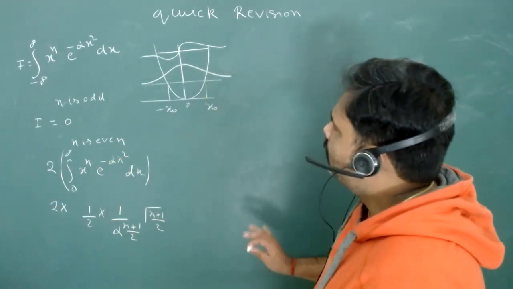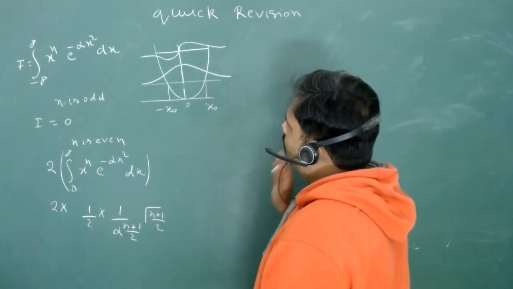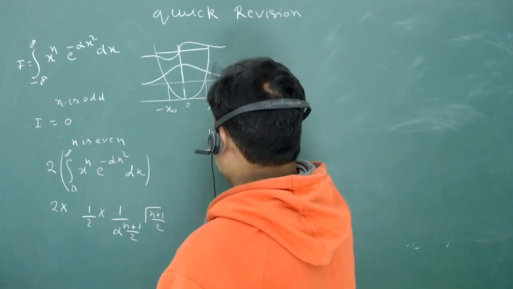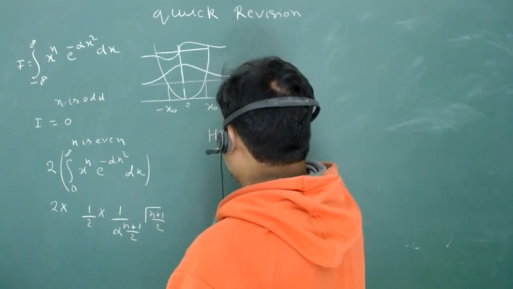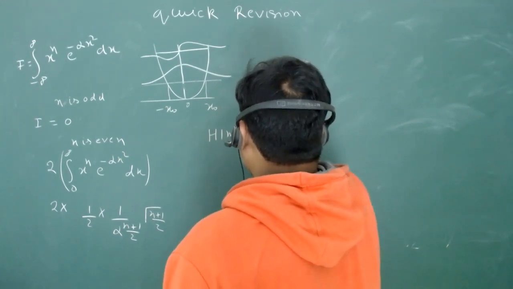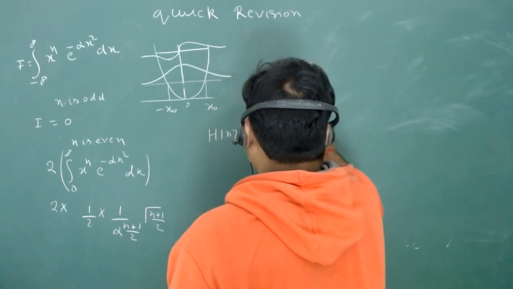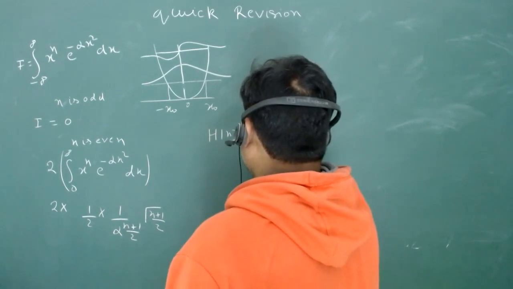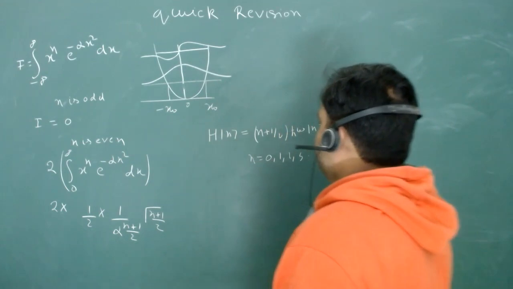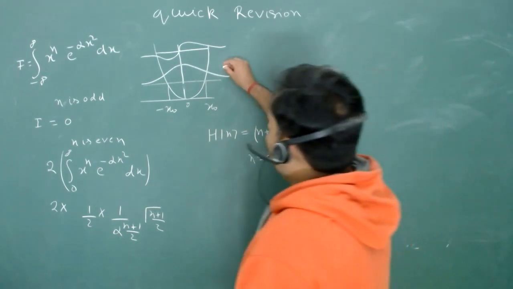Now you have to focus on what is the energy eigenvalue and what is the energy eigenfunction. So in our operator method, we can write H|n> is equal to (n + 1/2) h-cut omega |n>, and n can go from 0, 1, 2, 3 and so on. And here is the profile of the ground state.